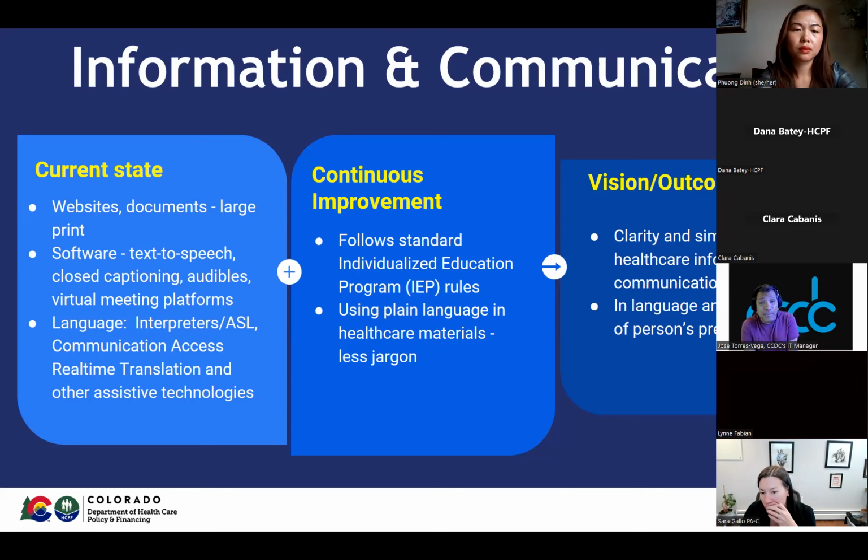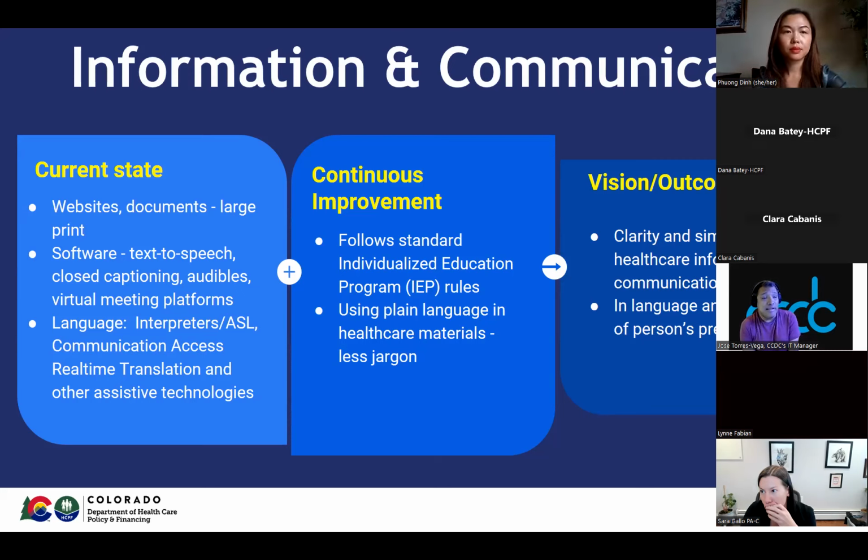And I know HICPOP has been doing a great job at implementing plain language, for example, but not every department and every agency of the state is doing so at the same level. Clarity and simplicity in healthcare information and communication will be our first point for our vision, what we would like to see in the future.